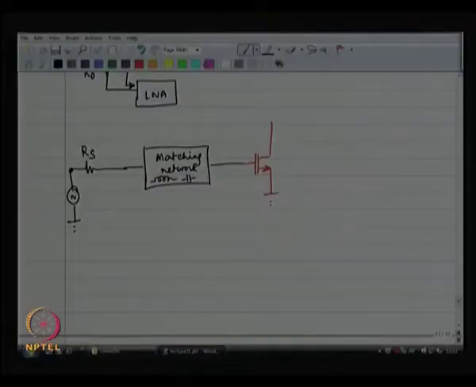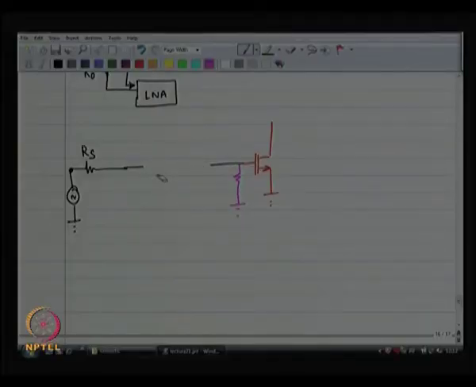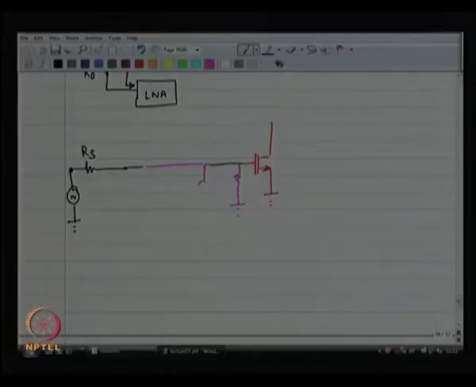So, the first suggestion is the obvious. Let us put a resistor over there, right. This is going to sort out my matching issue. I do not even need a matching network over there, or even if I do put a matching network, it is just to tune out the CGS of the MOS capacitance, right. Just to get rid of all that, I probably need to put an inductor in shunt, etc. Fine.